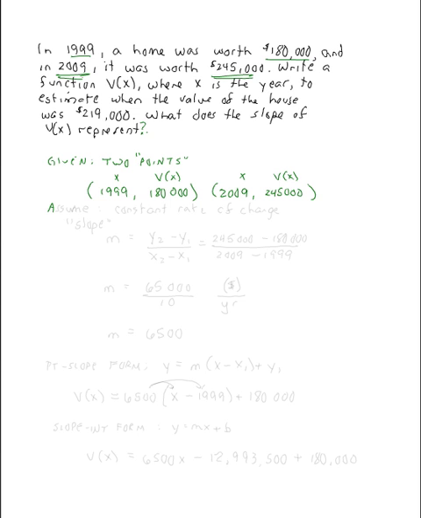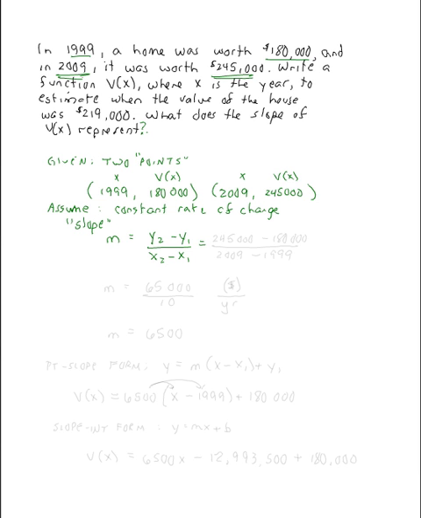Now we assume that the growth in the value of the house is going to be constant. We know it isn't constant every year, but in the long run, we have here a constant rate of change. Because we have a constant rate of change, this is what we can use to calculate a slope. We have our general slope formula. Slope: y2 minus y1, over x2 minus x1, our change in y divided by our change in x.